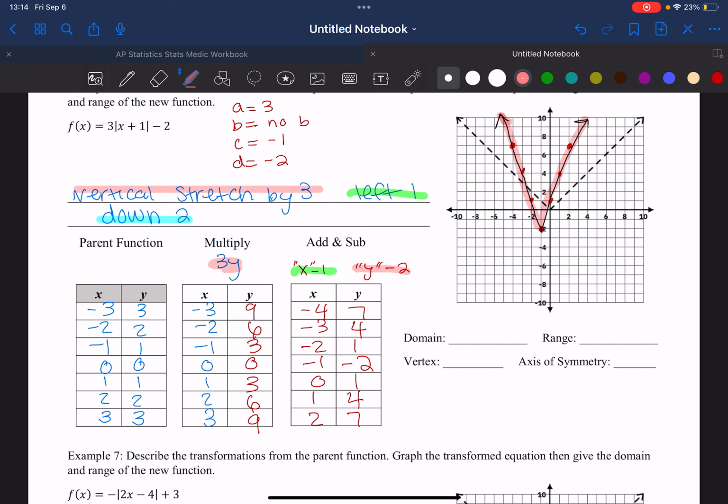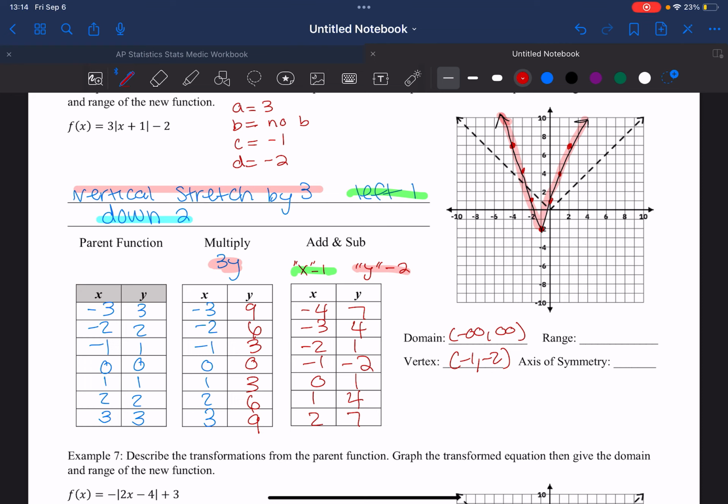So filling out these attributes at the bottom, we know that domain never changes, so that's -infinity to infinity. Our vertex is at the point right here of our V, which is -1, -2.